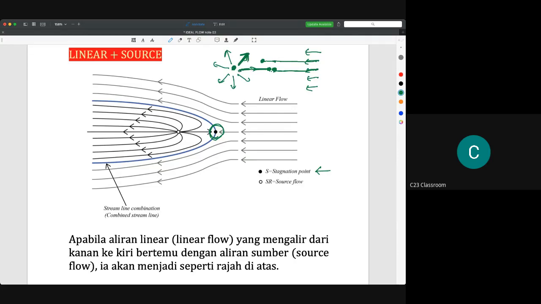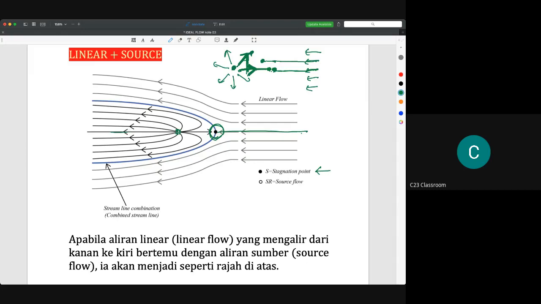So sekiranya ia mempunyai had laju yang sama dengan had laju horizontal ini, jarak pelanggaran berlaku akan lebih ke kiri. Okey, so boleh nampak.